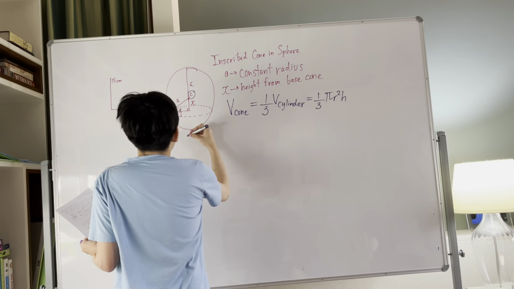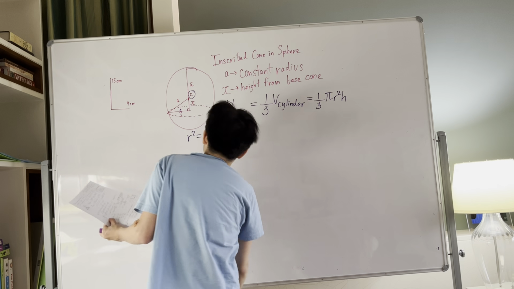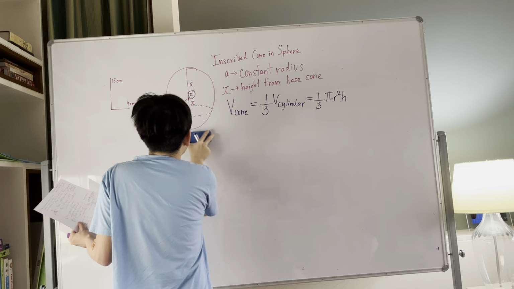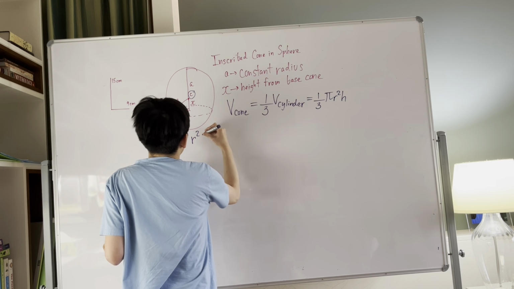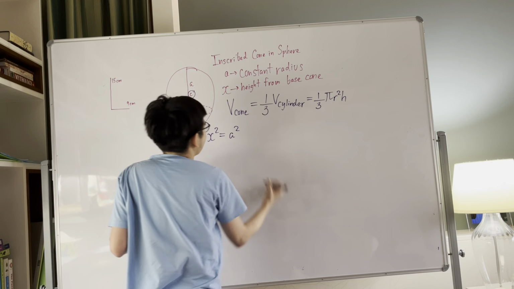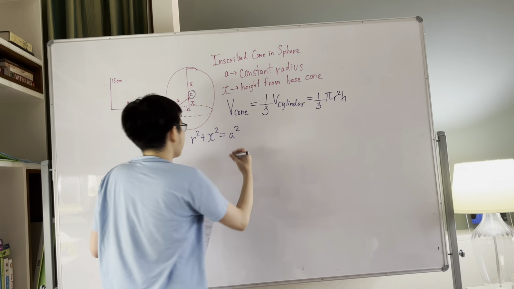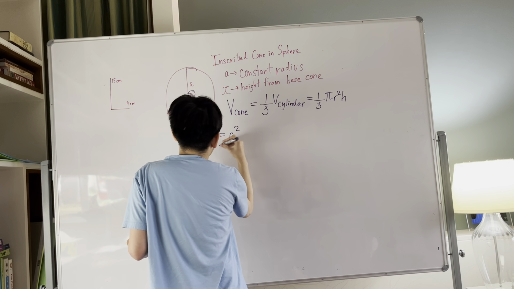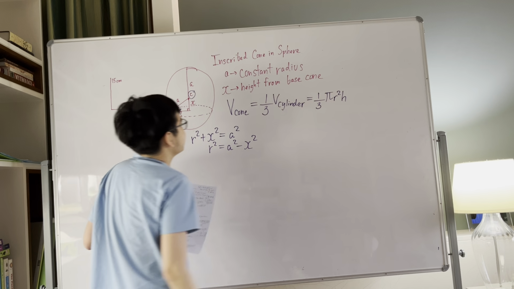So the 2 sides squared add up to be the hypotenuse squared: r squared plus x squared equals a squared. And to solve for r squared, I just subtract x squared from both sides. So r squared becomes a squared minus x squared.